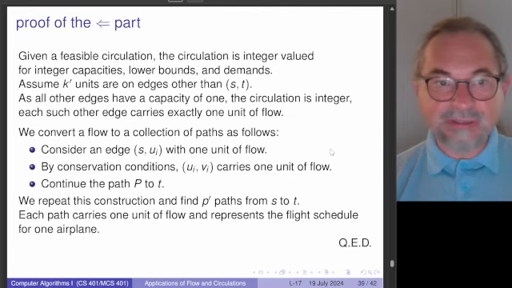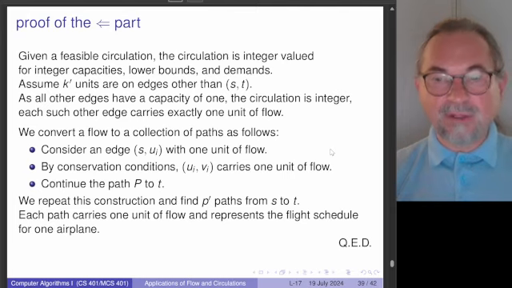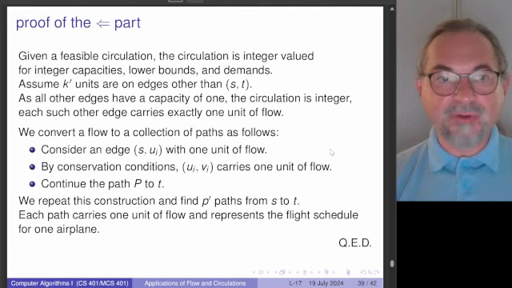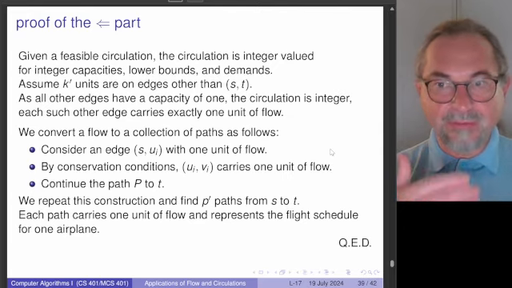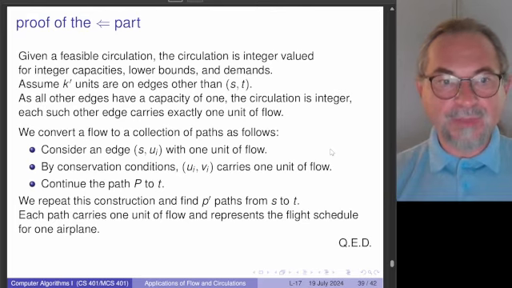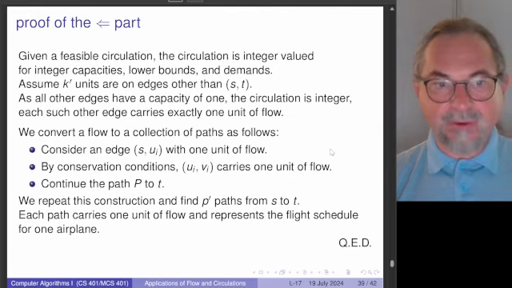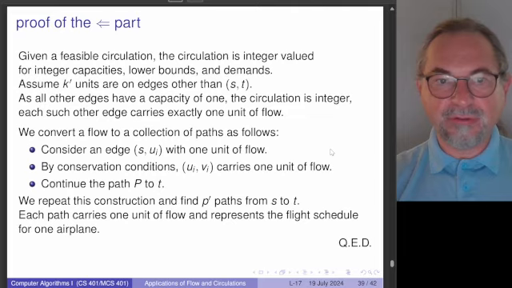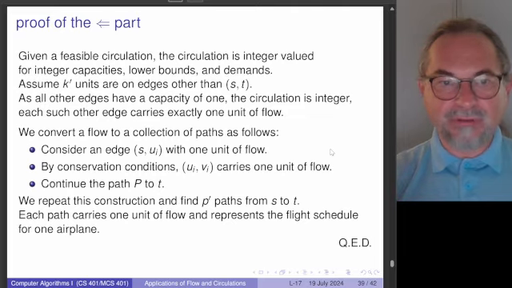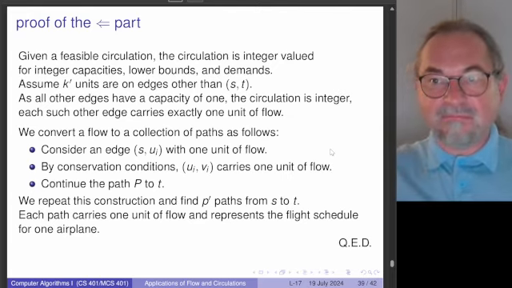Getting the circulation, can we compute the paths? Well, if there are edges with flow, then we add them to the path. For every flow of 1, we consider where the plane departs from the source and gets to an origin airport, and then by conservation it would need to go either directly to the sink, but probably not.